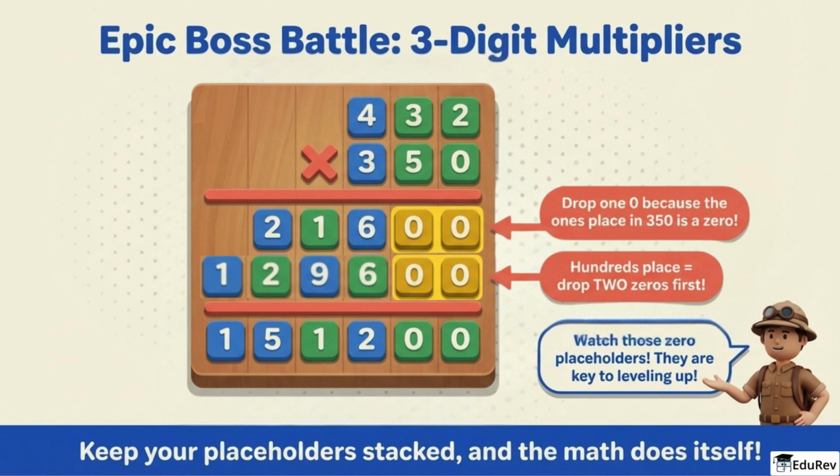Now add them. 21,600 plus 129,600 equals 151,200. So 432 times 350 equals 151,200. This looks scary at first, but it becomes easy when you respect place value and handle one part at a time.